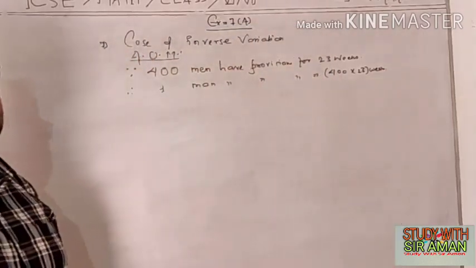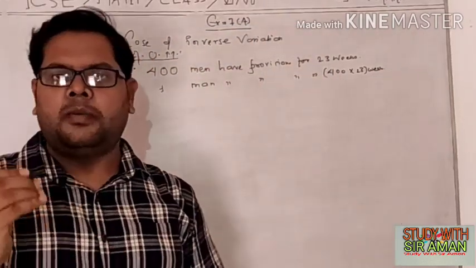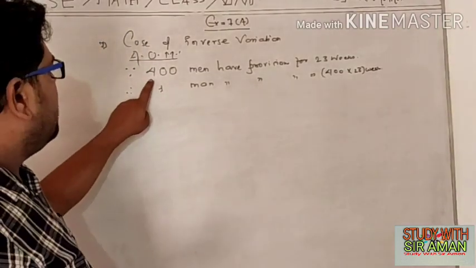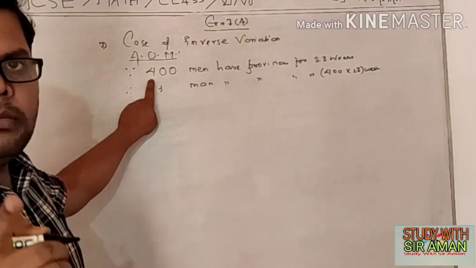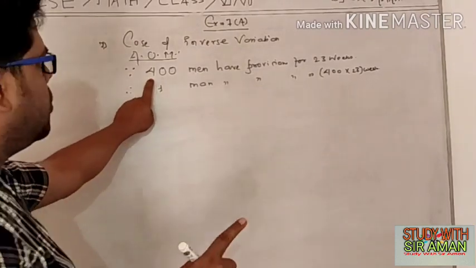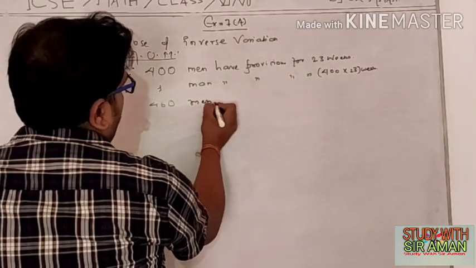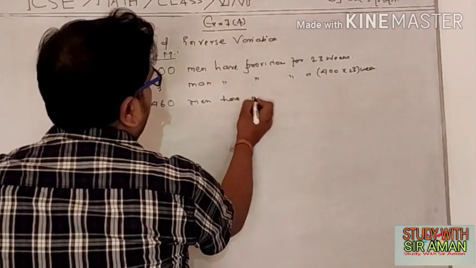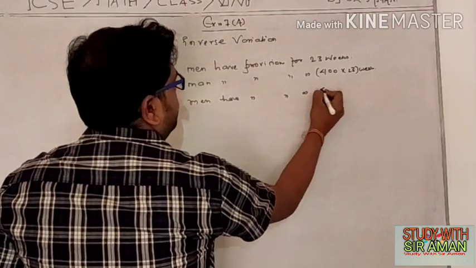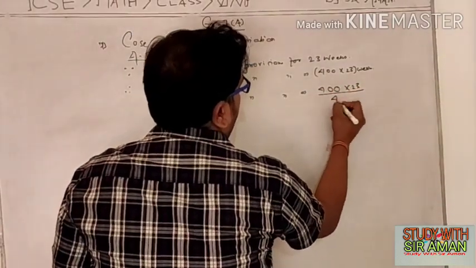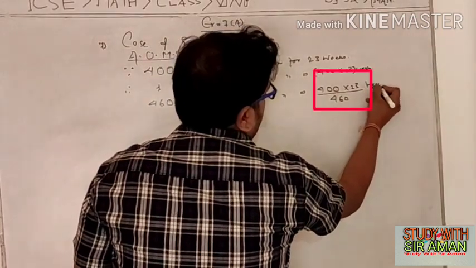Okay. The last line is also the same from the book we have to write. They are joined by 60 men. First they were 400. Now 60 more new men are coming. So the total number of men, 460 men, have provisions for 400 into 23 by 460 weeks.